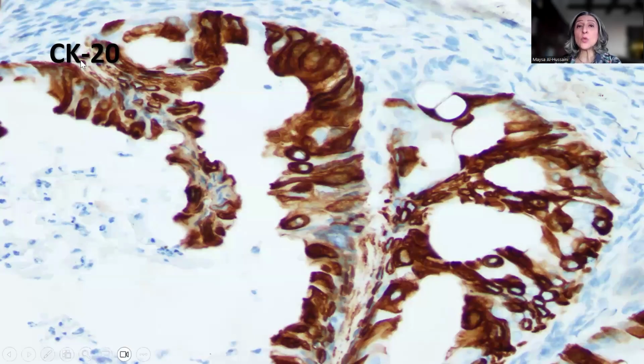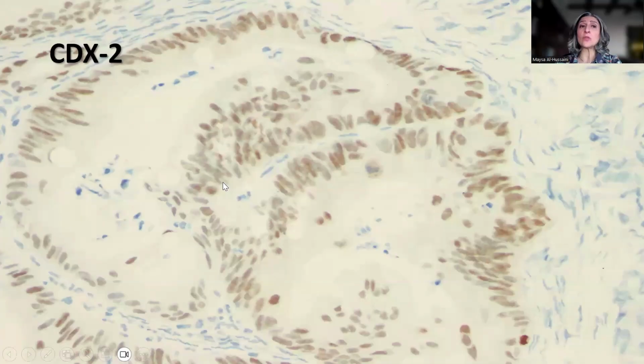Now, cytokeratin 20 is also positive, and here comes a little bit of the confusion, where really the lower gastrointestinal tract, the colon, as well as the appendix, as well as even the upper gastrointestinal tract metastasis, for example, from the small bowel, can get strongly into the differential diagnosis.